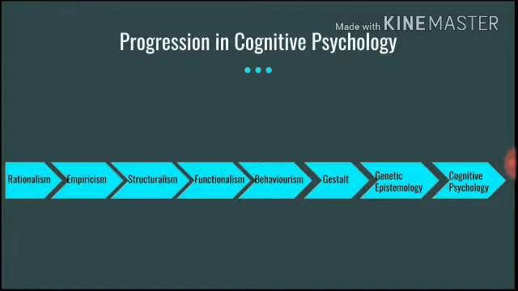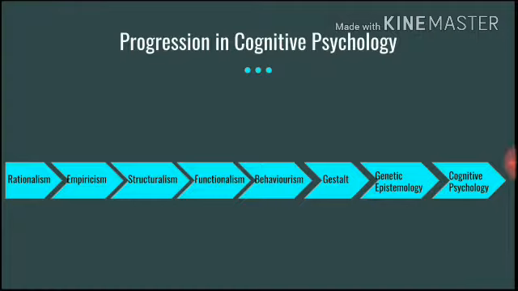Now, while this development was happening, you'd also notice that Gestalt psychology became popular around the time, but the only difference being that Gestalt psychology laid more emphasis on a completely different concept within cognitive psychology, that being perception.